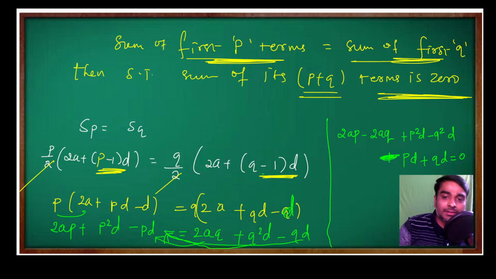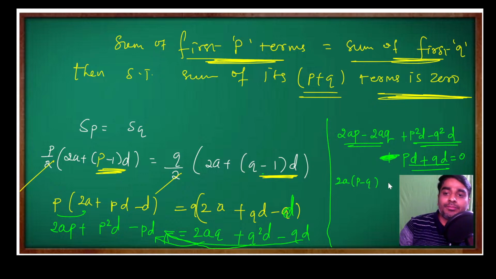What will come common from this group, this group, this group? 2a will come common, p minus q, plus d will come common, p square minus q square.